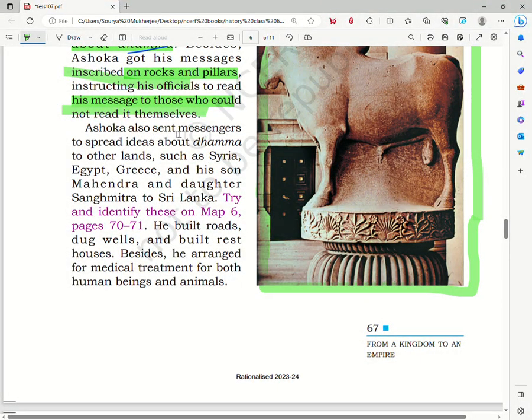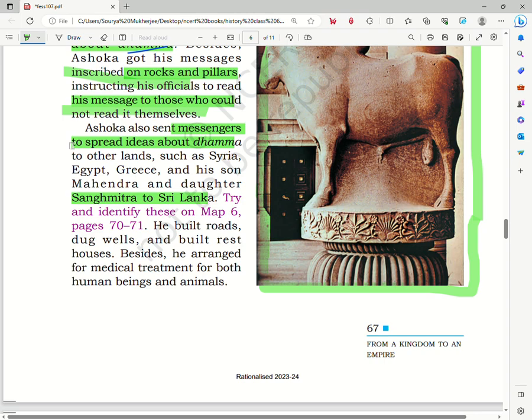Ashoka also sent messengers to spread ideas about Dhamma to other lands such as Syria, Greece, Egypt, and his son Mahendra and daughter Sanghamitra to Sri Lanka. So, guys, this is quite a significant aspect that we see, that Ashoka was greatly responsible for the spread of Buddhism outside of India.